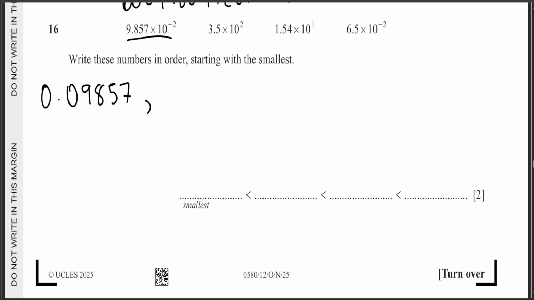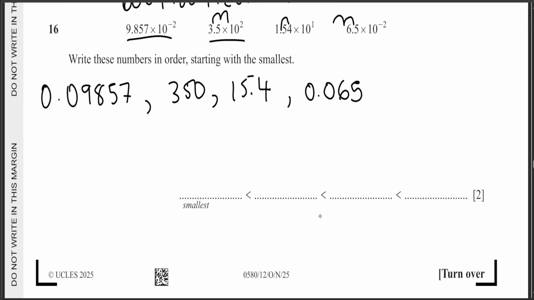Followed by 3.5 times 10 to the power 2, so it's going to be 350. 1.54 times 10 to the power of 1 just once, so it's going to give you 15.4. And then we have 6.5 times 10 to the power negative 2, so it's going to give you 0.065.